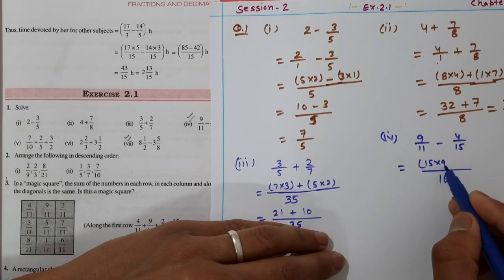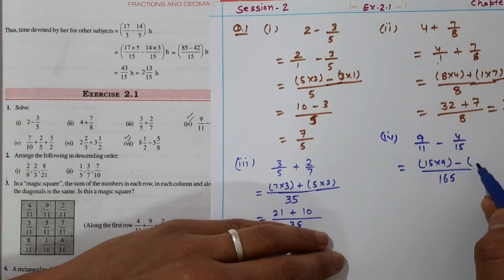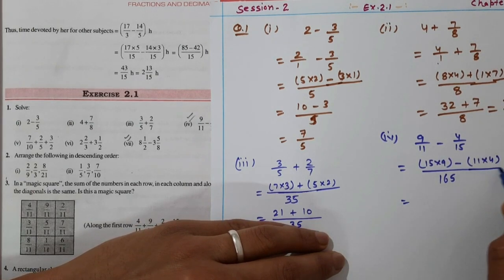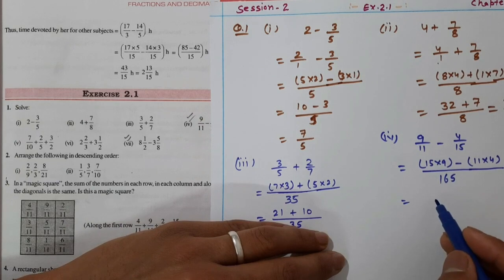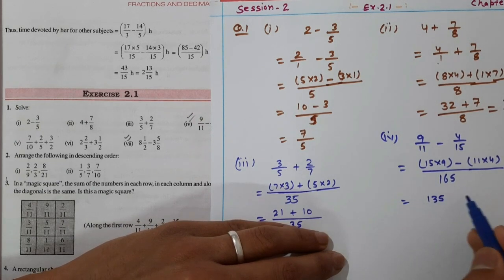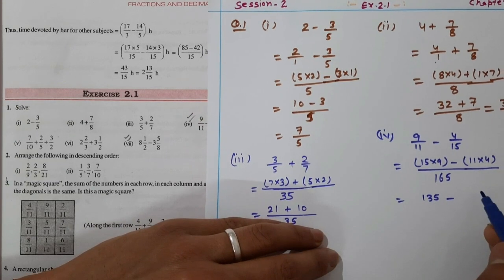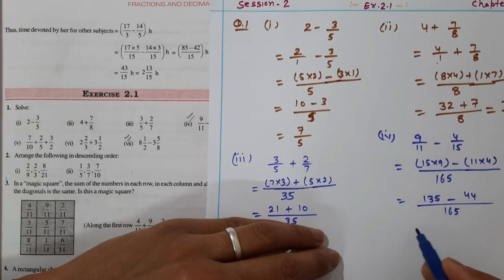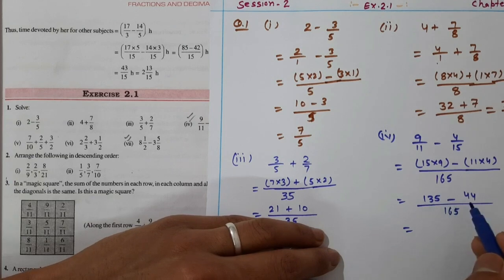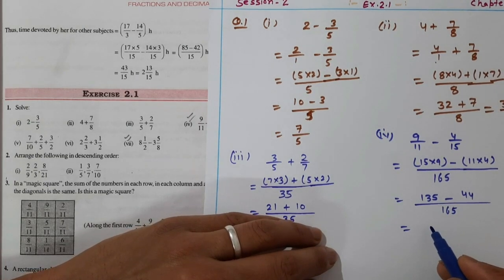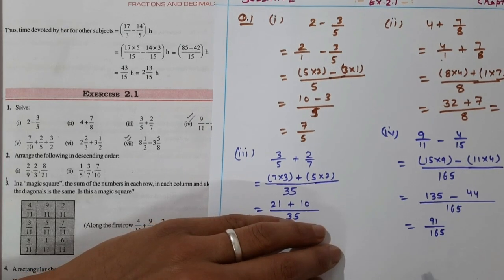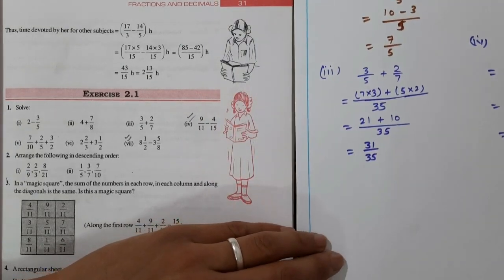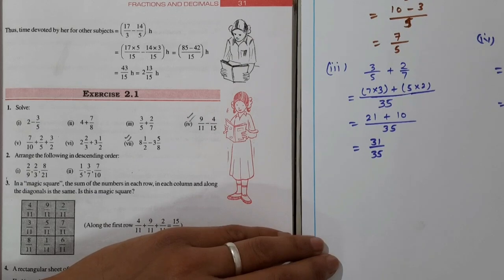Now 15 into 9 minus 11 into 4. 15 into 9 is 135 minus 11 into 4, 44 upon 165. 135 minus 44 is 91 upon 165.